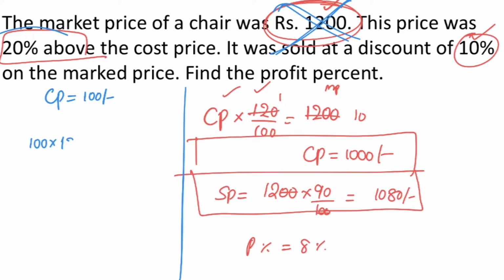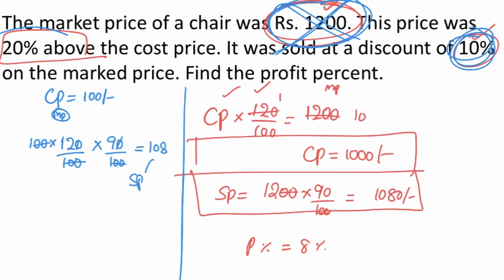So on cost price, 20% above is the market price, 120. Now on market price, when we give a discount of 10%, it is 90%. Two zeros cancel, two zeros cancel. It is 12 into 9, 108. This much is the selling price. It is purchased at 100 rupees, sold at 108 rupees. Definitely there is a profit of 8 rupees or profit of 8%.